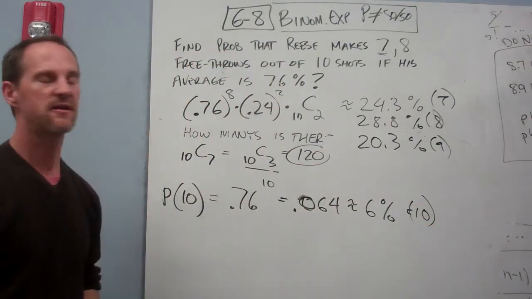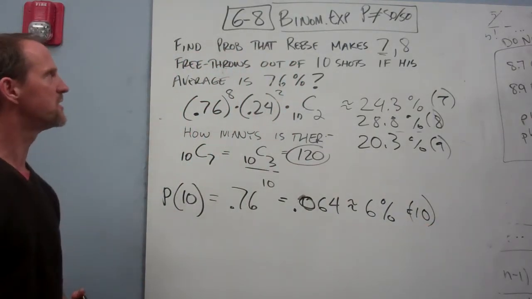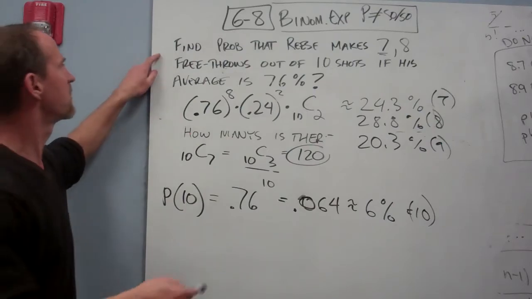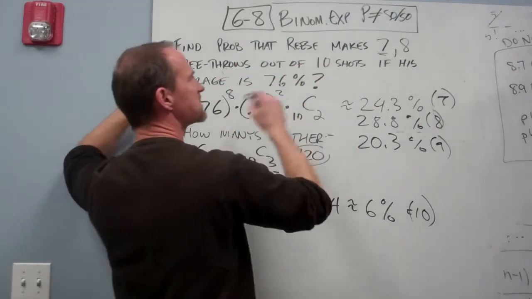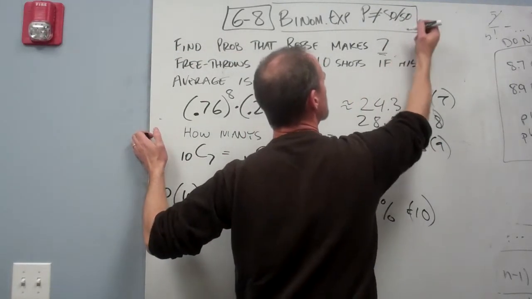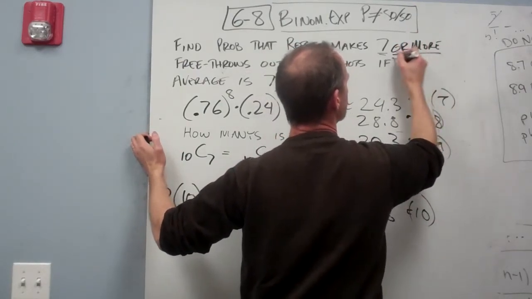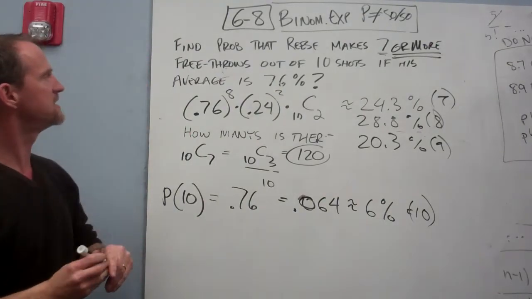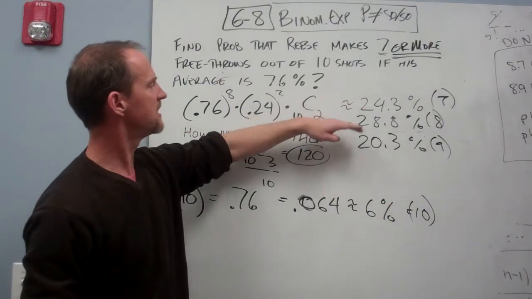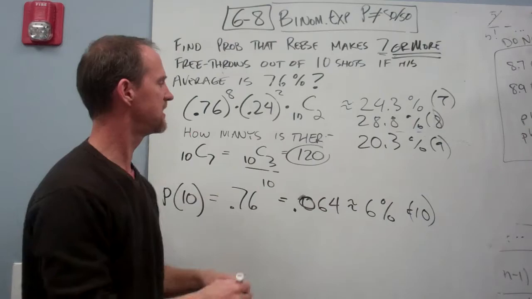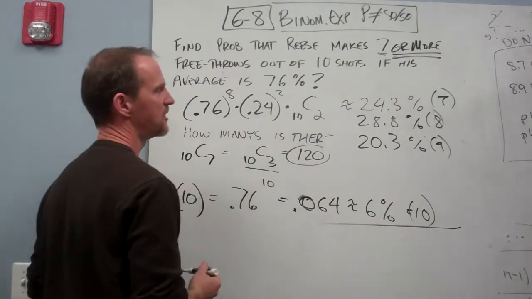So you are going to get a question on the test or a quiz which is going to be worded like, what's the probability that Reese makes 7 or more of his free throws? And what you have to do is find each of these cases, 7, 8, 9, and 10, and then just draw a line and add them all up.